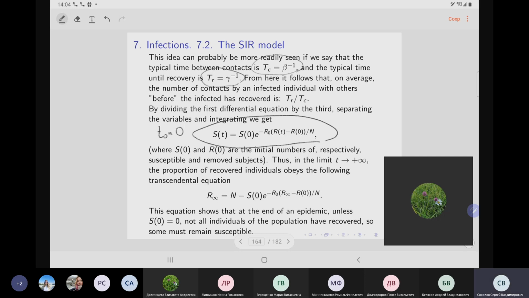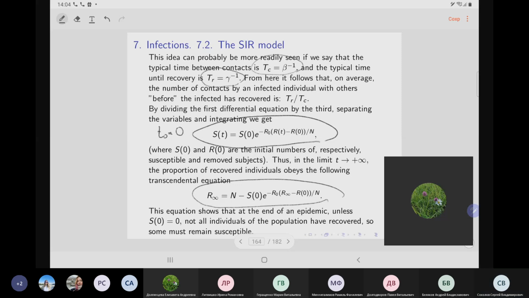And next, after taking the limit of time going to infinity, we can derive that at the end, the proportion of recovered individuals follows the transcendental equation.